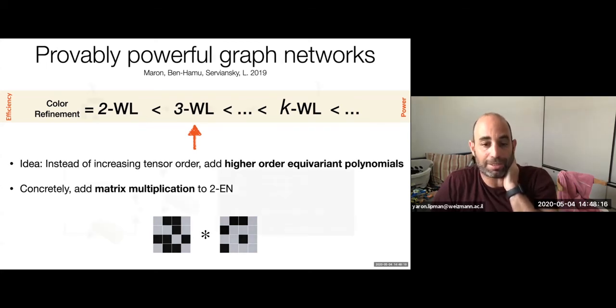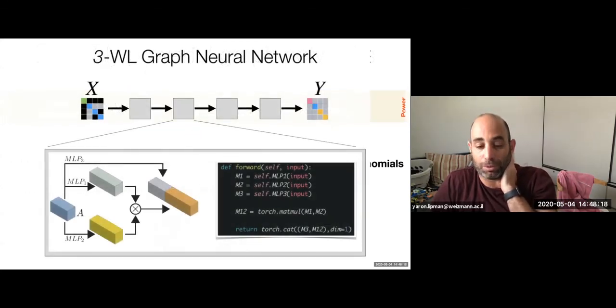Okay, so let me just give you the bottom line of this observation. You can construct an extremely simple graph neural network, which is equivariant, so it's well defined, and it's equivalent to 3WL, so it's strictly better than message passing. And all you have to do is to use blocks of this format.